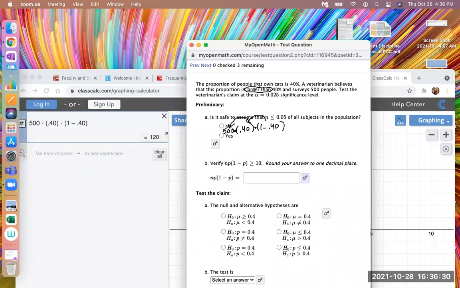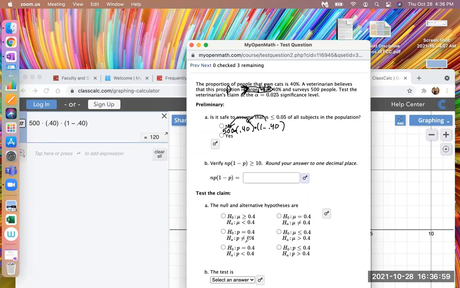If we write that literally as we hear it, proportion p larger than, the alligator's mouth goes toward the p, for 40%, written as a decimal 0.40. I literally turned each word into the mathematical symbol to represent it, so it's p greater than 0.40. That's the one we want.